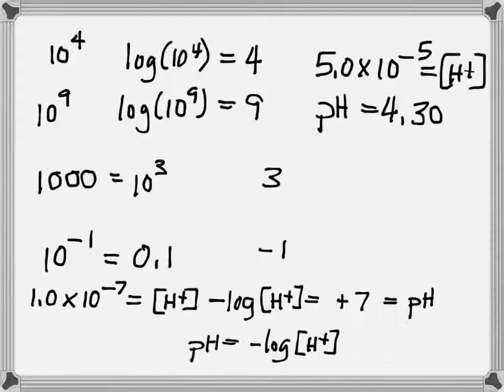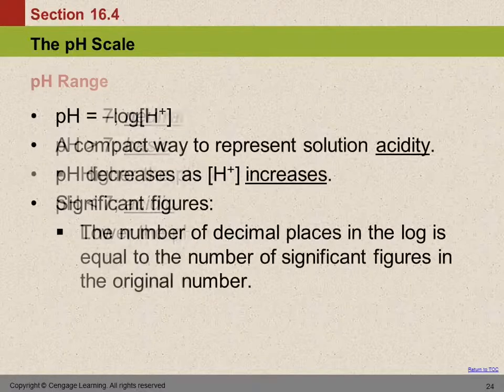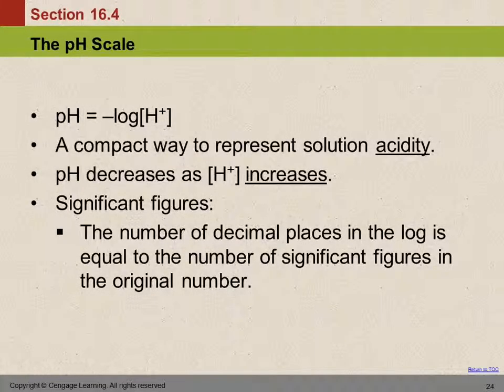And if you know anything about graphing and that aspect of math, it's a good thing. We don't need to elaborate on that. So let's go back to the slides here. It's a compact way to represent solution acidity. It just makes the numbers easier to deal with.